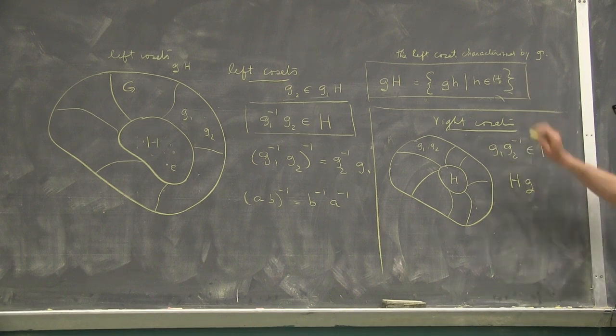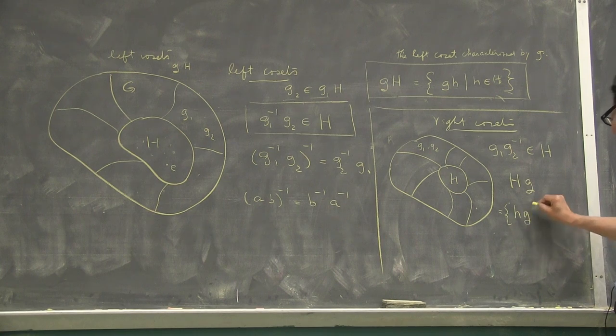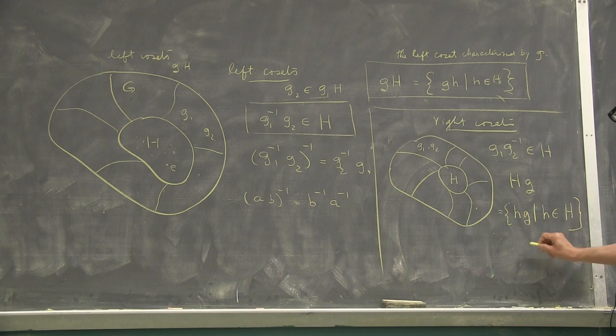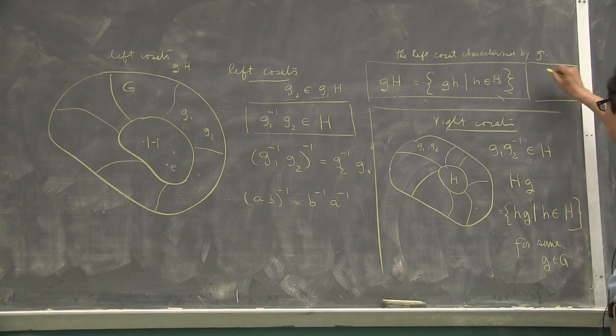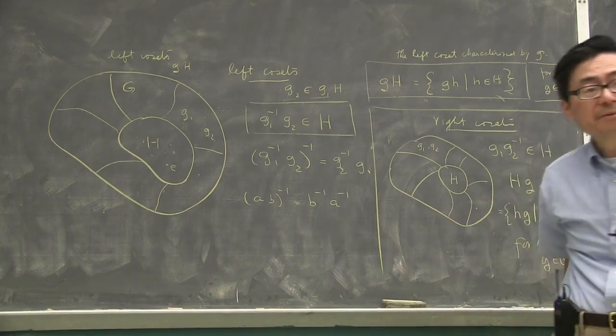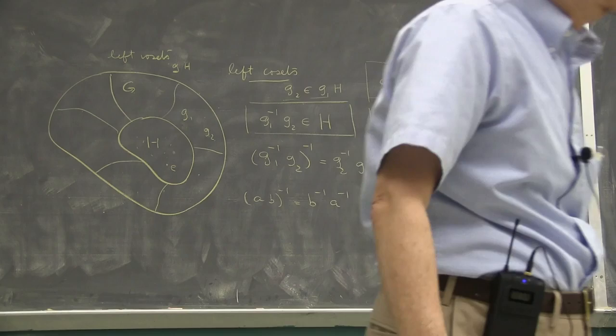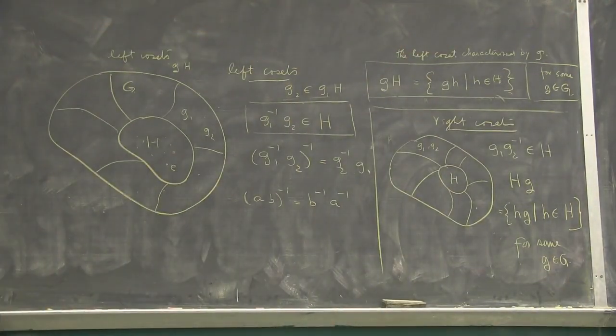So when you write it in the set notation, this consists of all the elements hg such that h is in H, like so, for some g in G. Similarly here, for some g in G, okay?